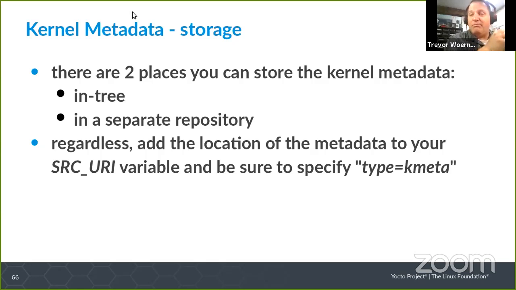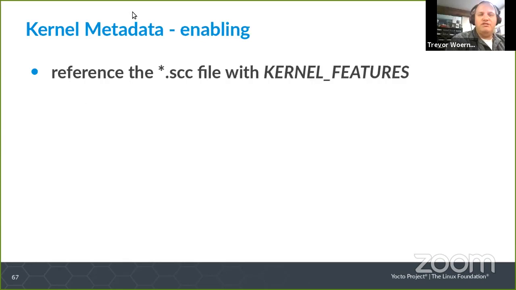You simply say type equals kmeta, and that's a flag to the Yocto tooling that this is a chunk of metadata that's going to be used for configuration for SCCs and config fragments and patches and whatnot. It implies a directory structure and a layout. As long as you specify that type, you're all good to go.